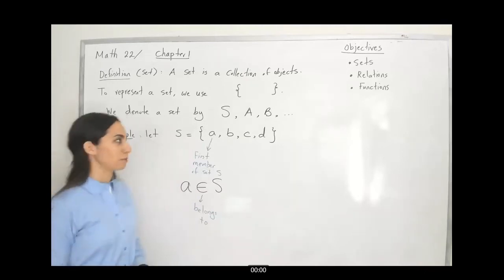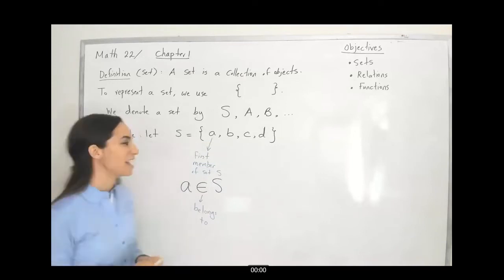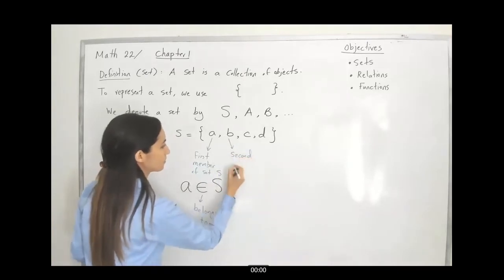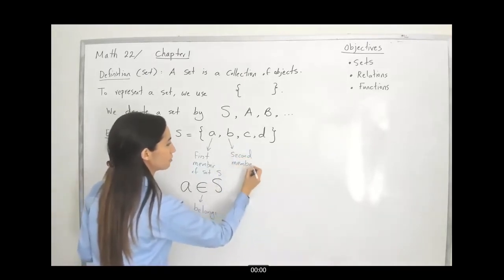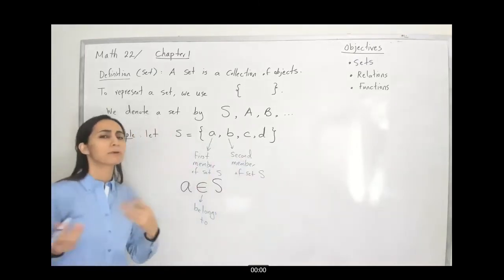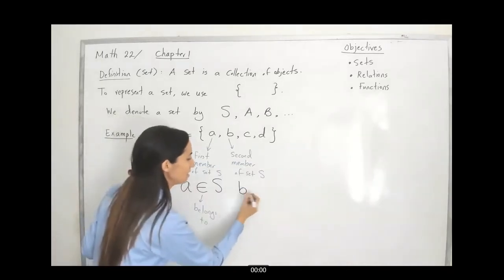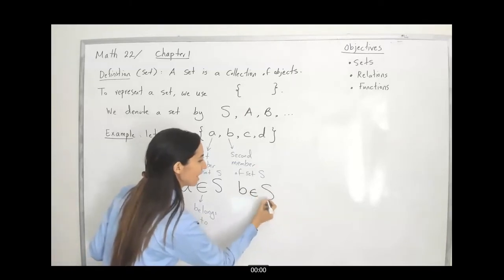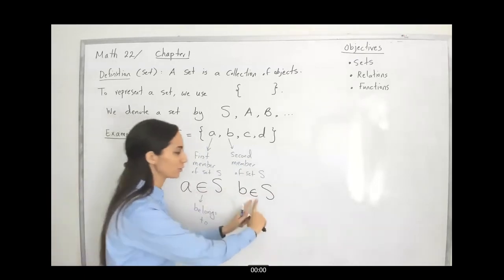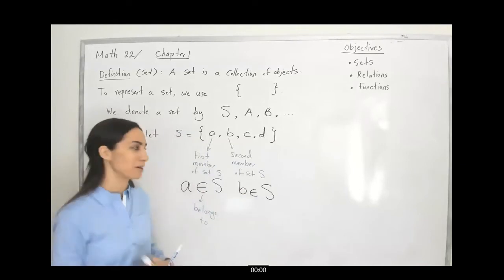Let's take a look at the second member, B. B is the second member of set S. So how do we present that mathematically? We write, B belongs to set S. So again, this symbol, you read it as belongs to, is a member.